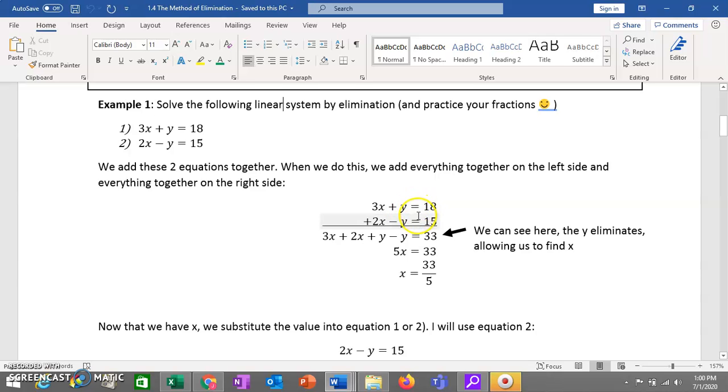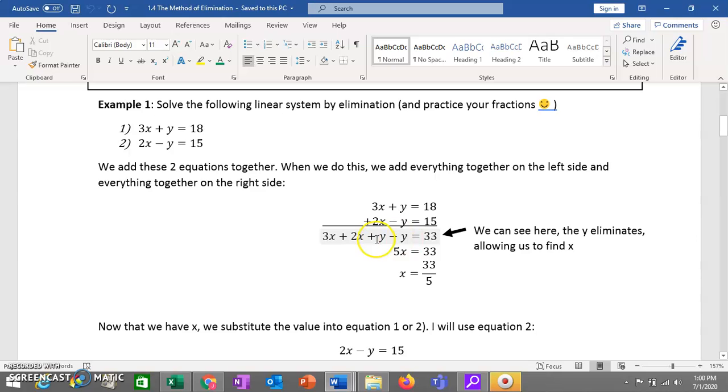You can see here my equal sign, I just continue that below, and everything on this side gets added together. So 3x plus y plus 2x minus y. I have all four terms here. I've just rearranged them a little bit to make the addition easier. Now I can do my y minus y.